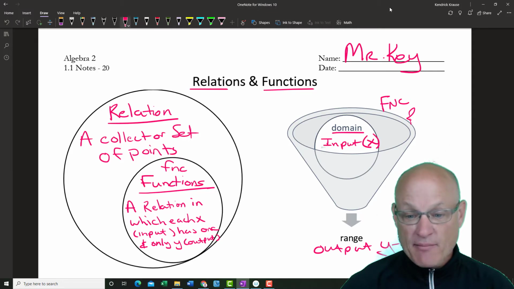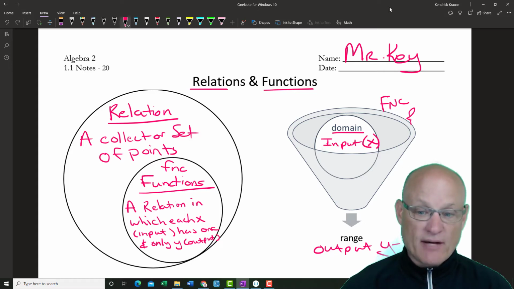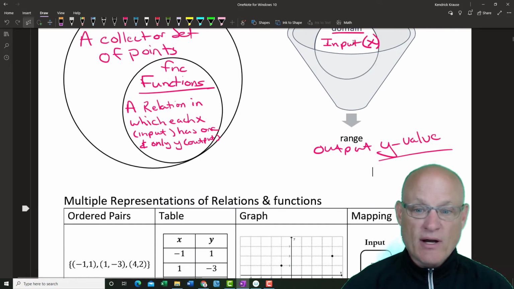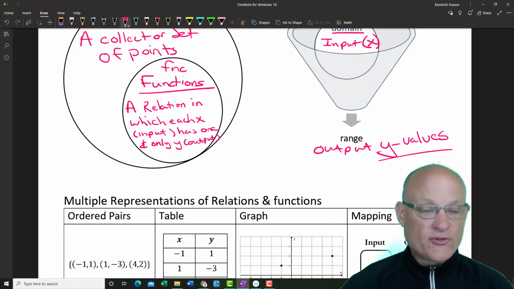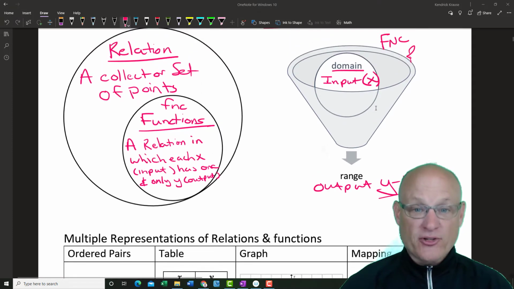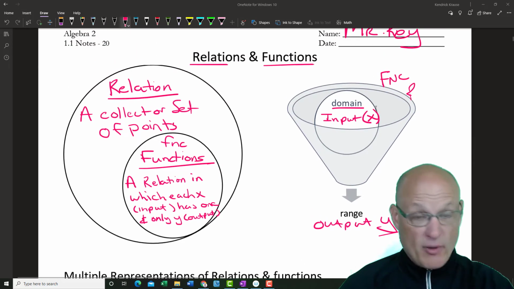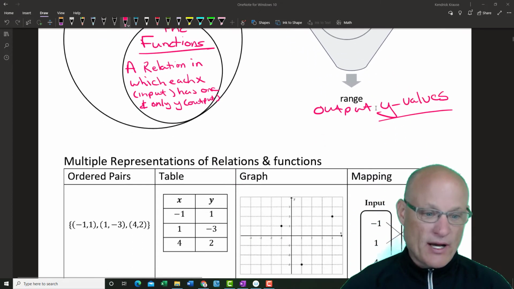It says y values right there behind my head. I'll even raise it so you can see it. Okay, so a relation is just a set of points with really no rules. A function is a relation, but in particular, each x value has only one y value.